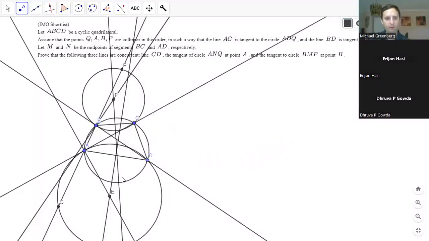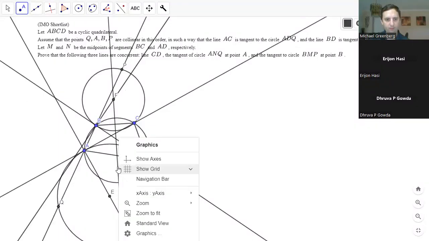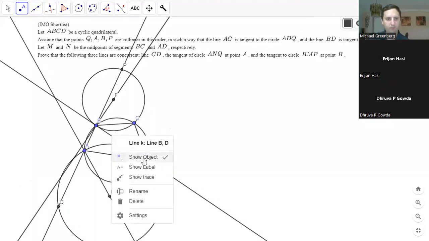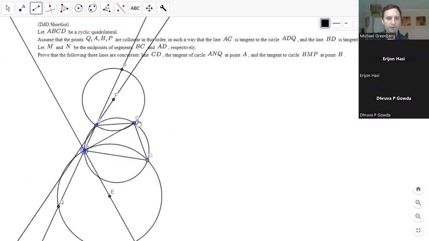All right, so let's get rid of a lot of unnecessary lines here. We don't need the whole line here. So AC is tangent to that one, and BD is tangent to that one. And we probably don't need these two.